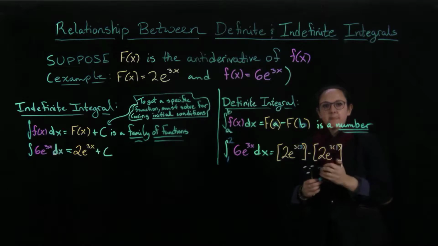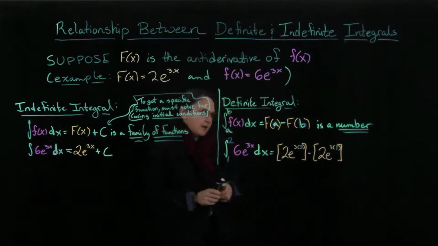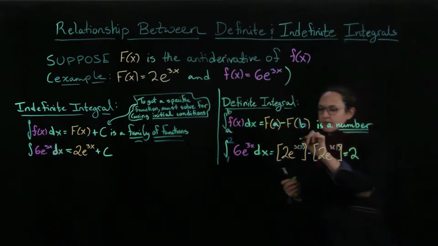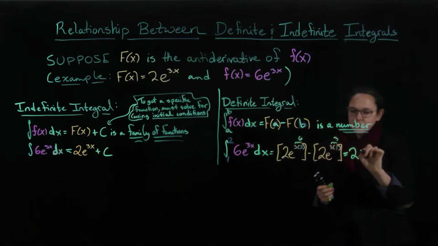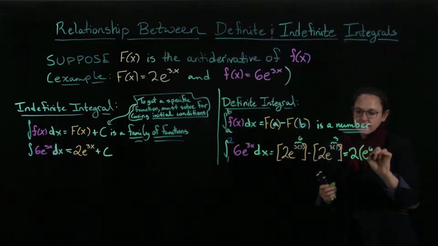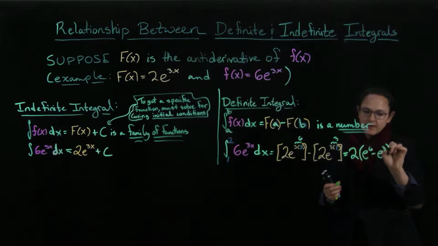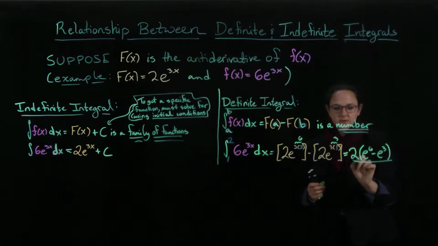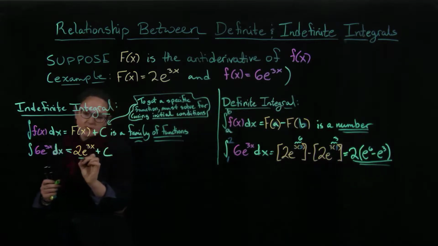You can see this is actually a number. It's 2 times, with a 6 and a 3, and we have 2 different powers of e, so you can't really combine them. That would be your answer, a value, a number. And this here is our family of functions.